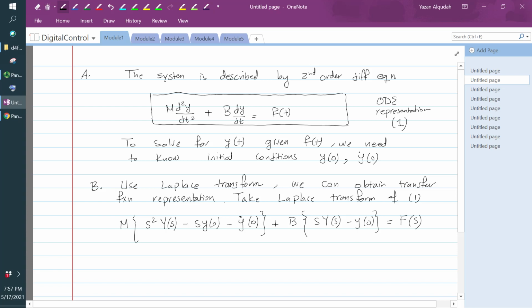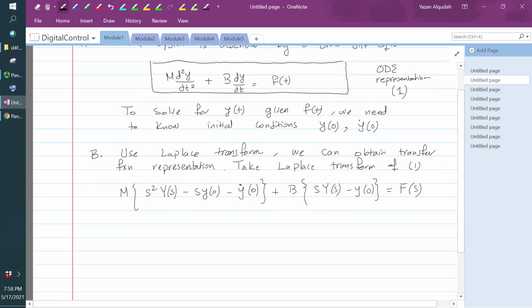Now notice here we use a capital letter for y of s and for f of s, while y of 0 and y dot of 0 are small letters, because these are the initial conditions. Okay, so what we can do is sum the terms that are similar together.